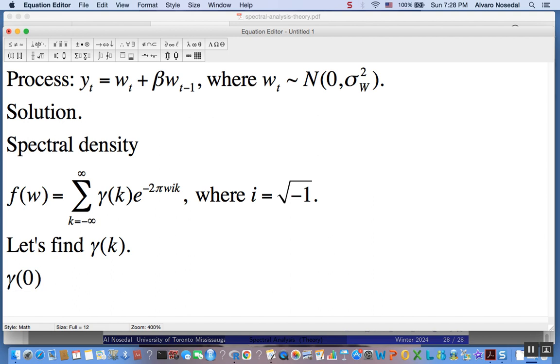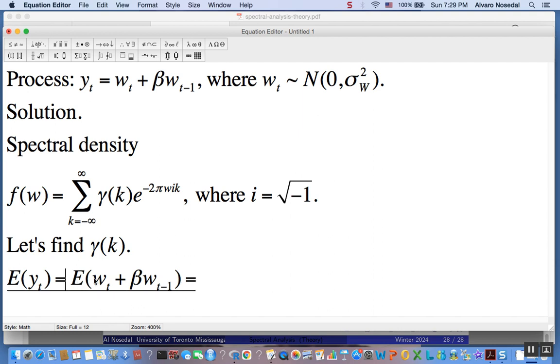Well, before we do that, okay, just for completeness, let's find the expected value of our process. So what we have would be the expected value of W at t plus beta times W at t minus 1. So we know that the expected value is linear, or in other words, the expected value of a sum is the sum of expected values.